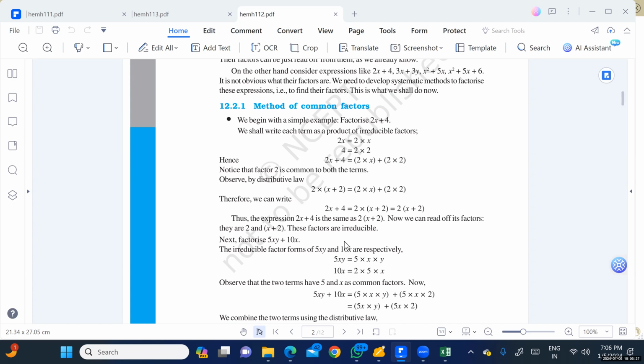Utkarsh, done? Arush? Sir, doing. Sir, I'm just sending you the photo. Okay, these are very small sums. These are just 30 seconds tasks.